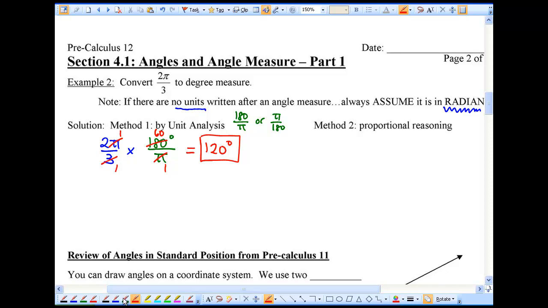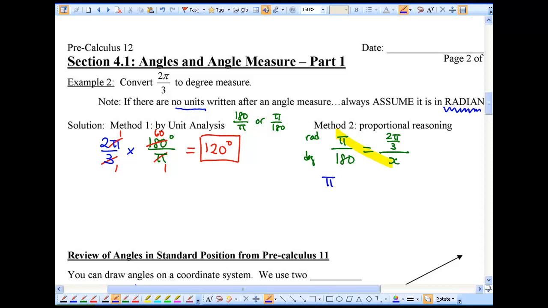Doing it by proportional reasoning, once again, it's a fraction, so I'll just write down pi over 180. Once again, radians on the top, degrees on the bottom. And in this case, I have my radian measure, which is 2 pi over 3. I don't have my degree measure, I'll call that x. We'll once again cross multiply.